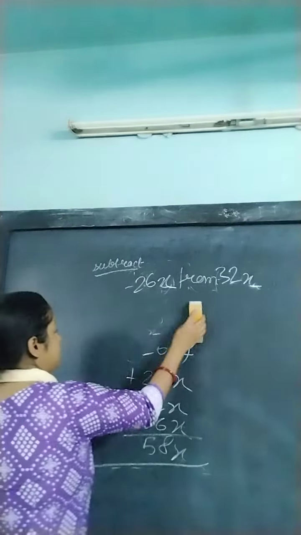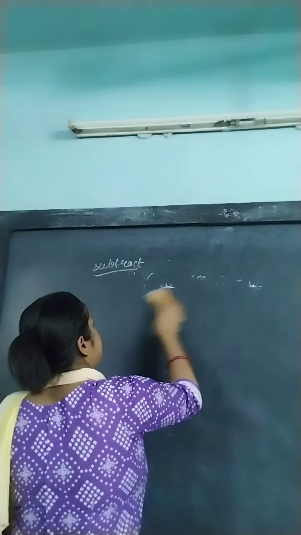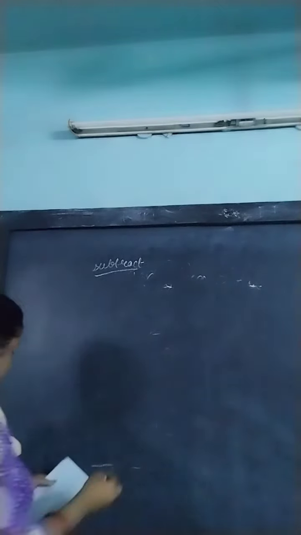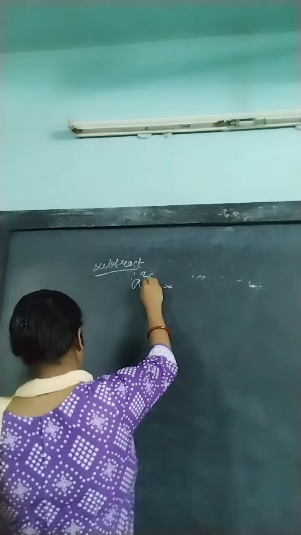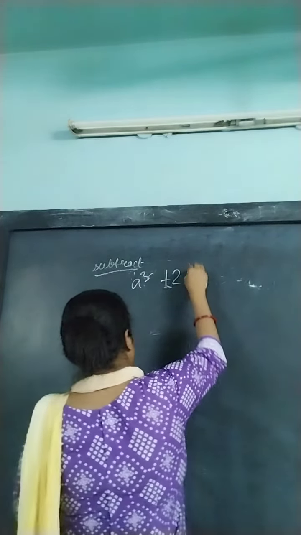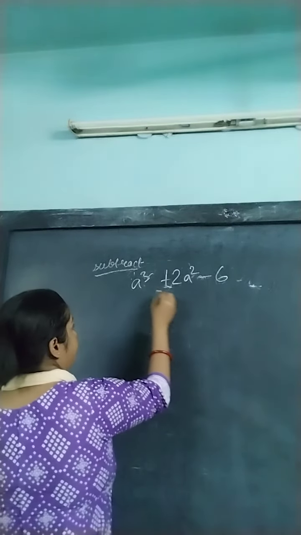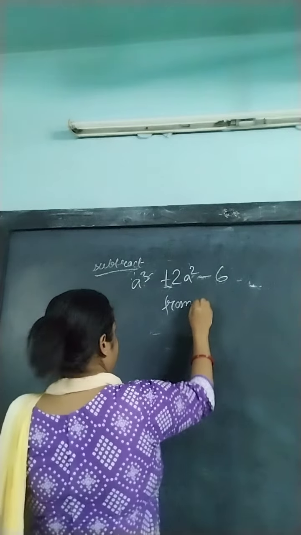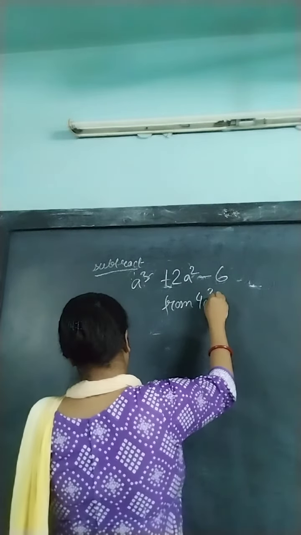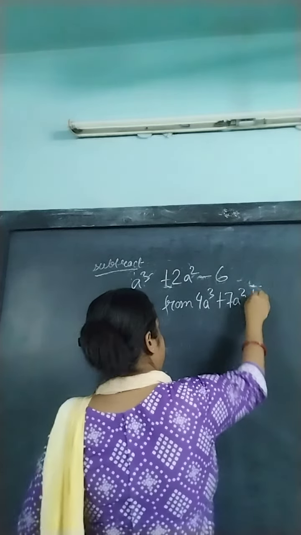Again, let us consider another sum. Suppose it is given to you that subtract a cube plus 2a square minus 6 from 4a cube plus 7a square plus 8.